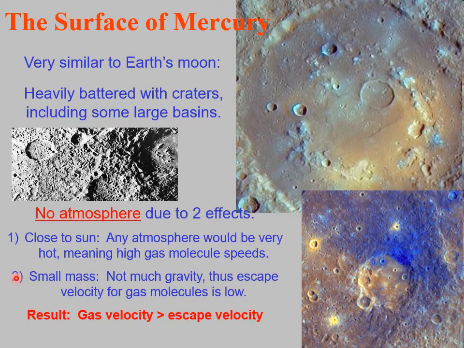It's the smallest planet, meaning it doesn't have very much gravity to hold that atmosphere. So if the gas velocity of the molecules is greater than the escape velocity, that's the velocity needed to actually escape from the planet Mercury, then the atmosphere will basically just escape off into space. And that's certainly what happened, and the result is no atmosphere left on Mercury.